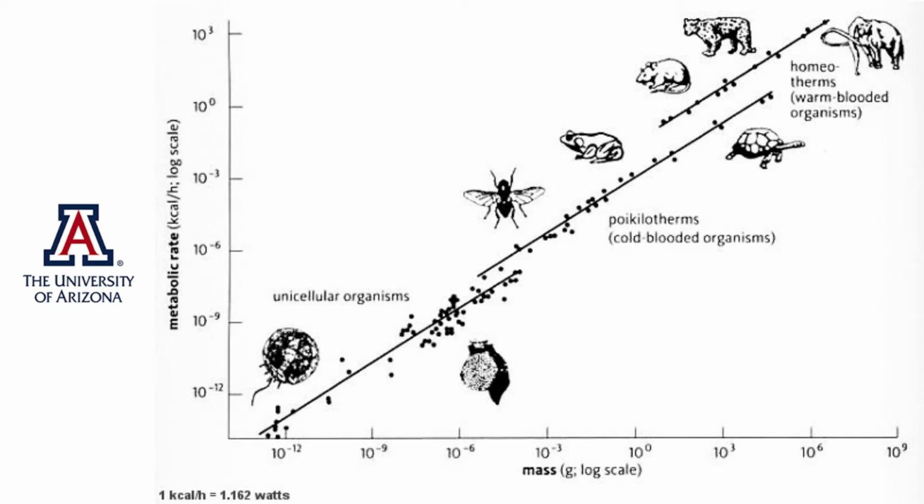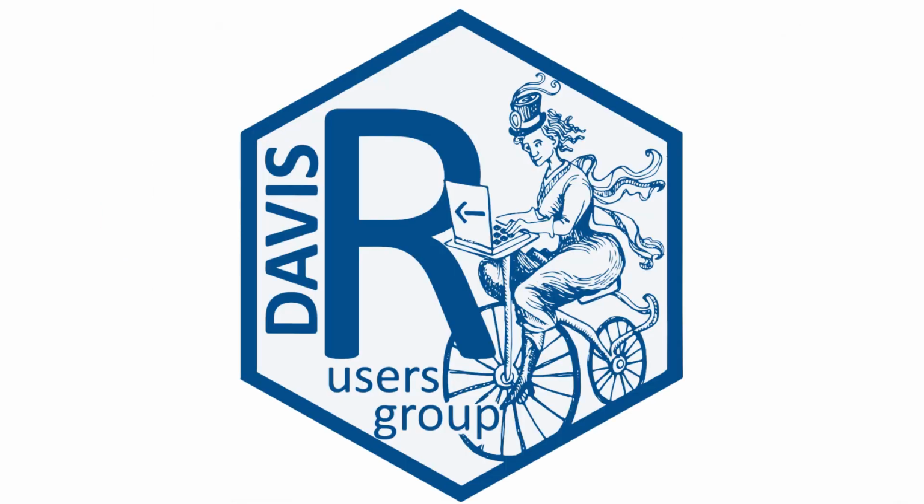After I graduated from Arizona, I spent a year at the University of California in Davis as a postdoc. This was where I was introduced to R user groups. These are self-organized groups that are located around the world, and weekly or every few weeks they get together and they have these coding sessions.